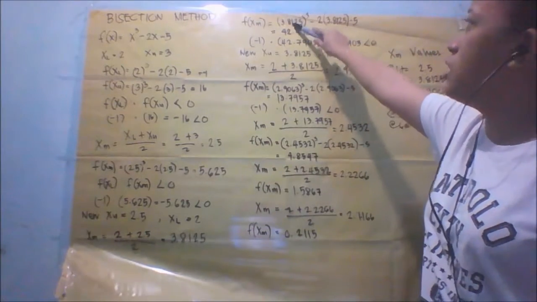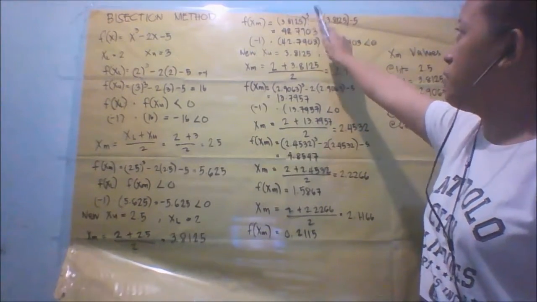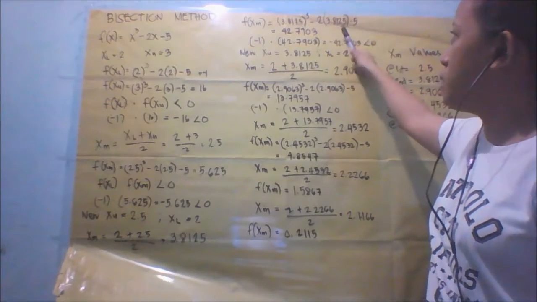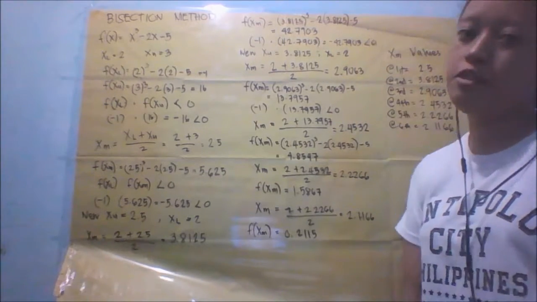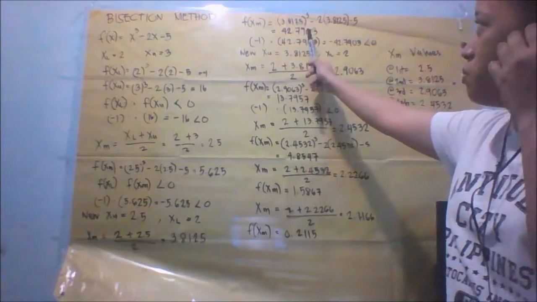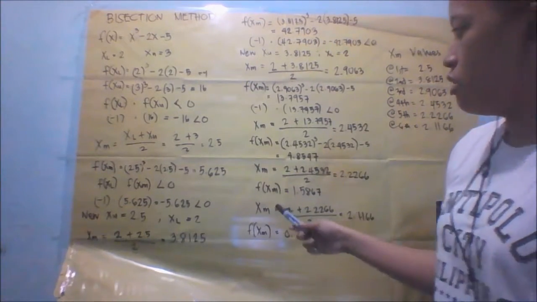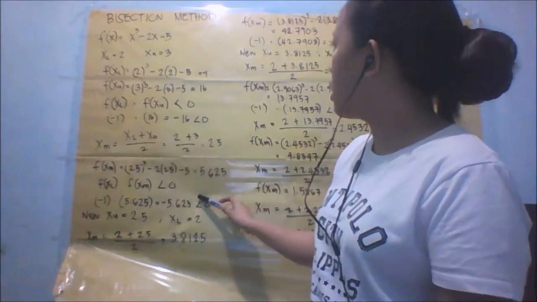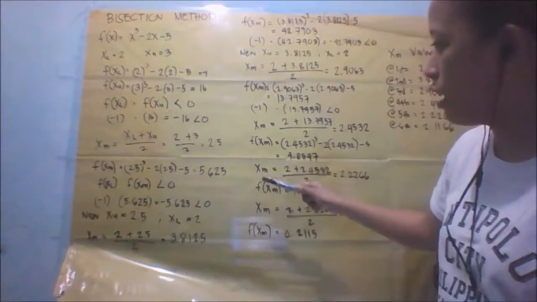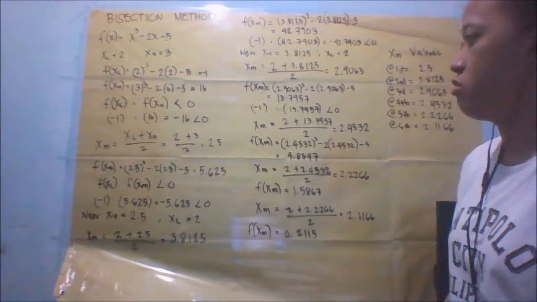So we have here 3.8125 cubed minus 2 times 3.8125 minus 5, which is 42.7903. Then we will do again what we did here so that we can get our new xu.